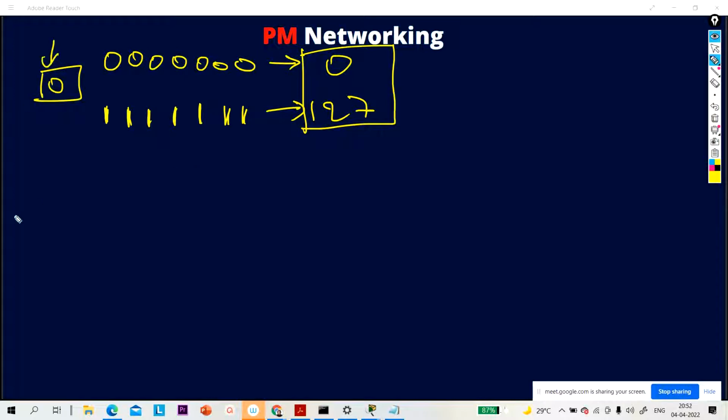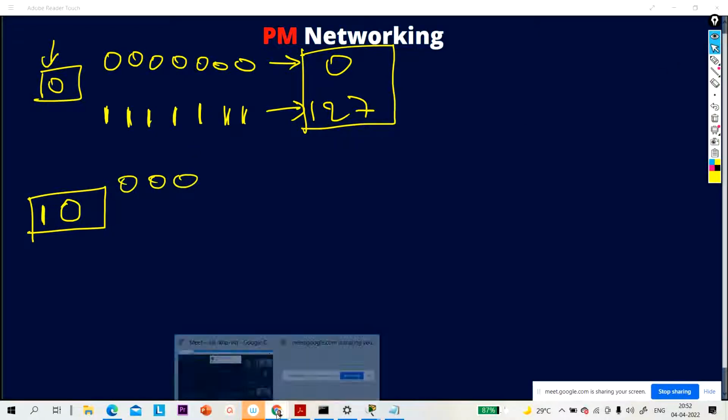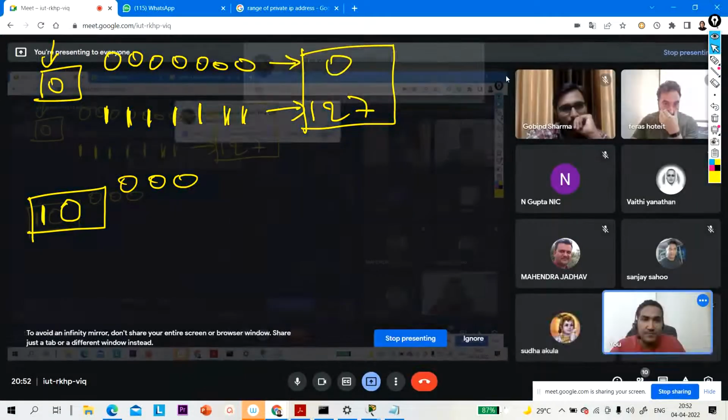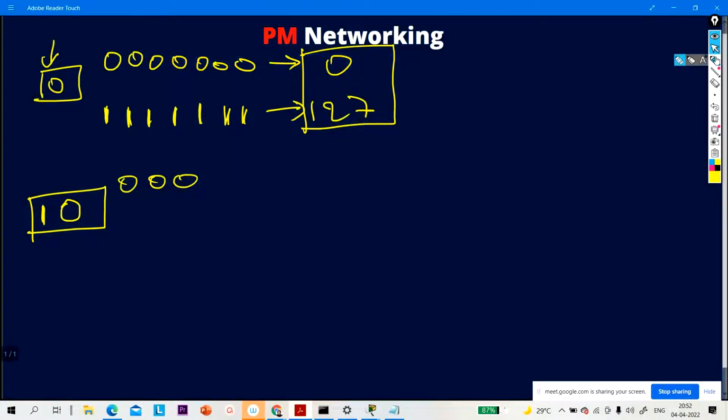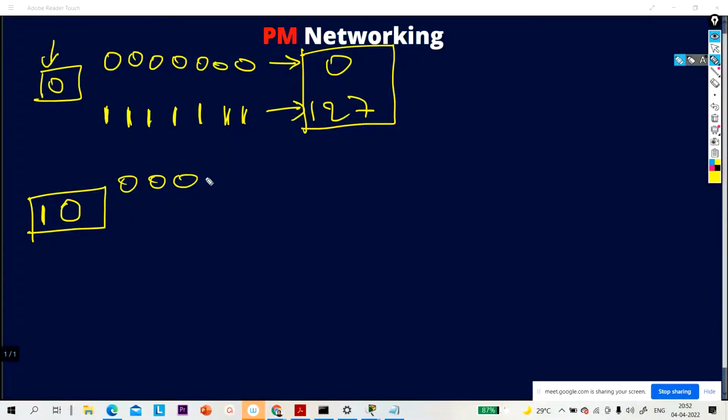Okay, for class B there are 2 bits reserved. The first one is 1 and the second bit is 0. So how many bits are left? 6. If I put 6 zeros over here, what value will I get? 0.